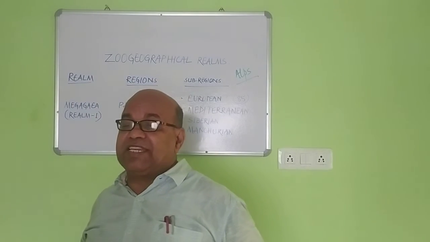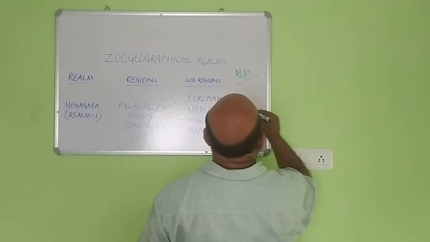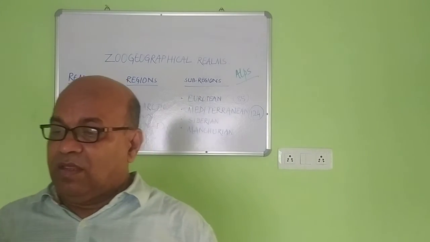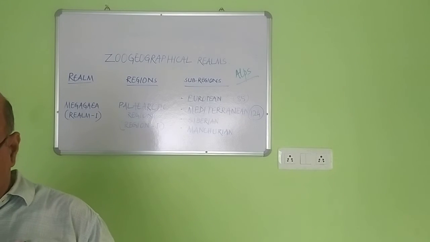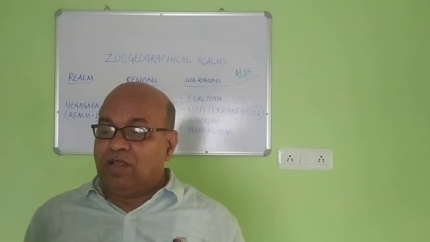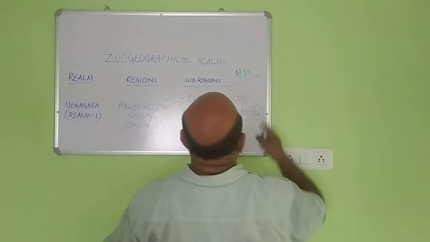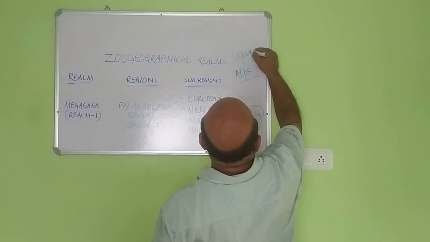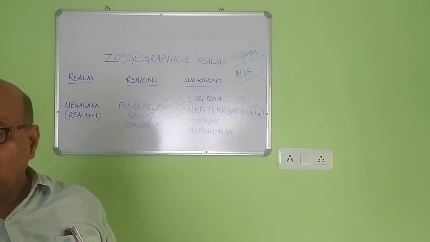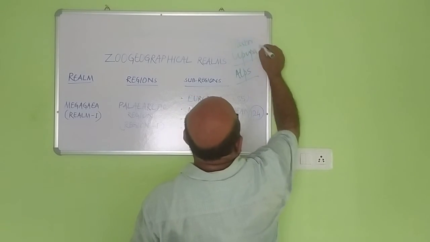This sub-region is characterized by 124 families of terrestrial mammals or vertebrates, including birds like the Upupa, and the Pastor, P-A-S-T-O-R.